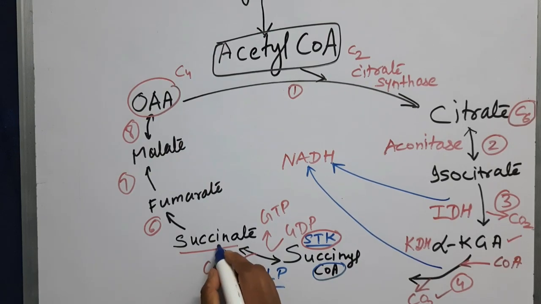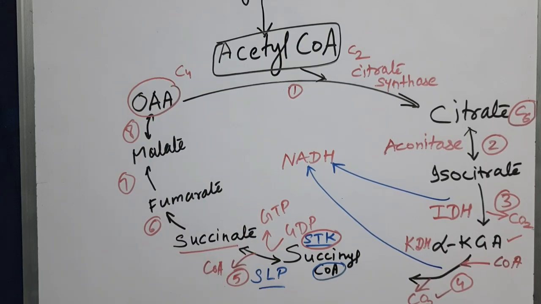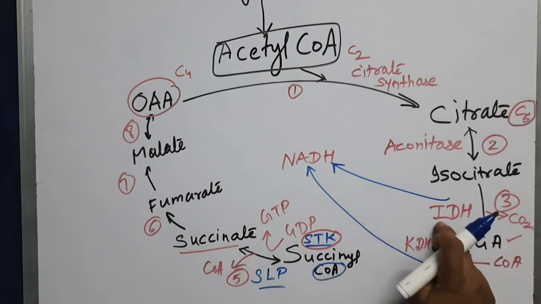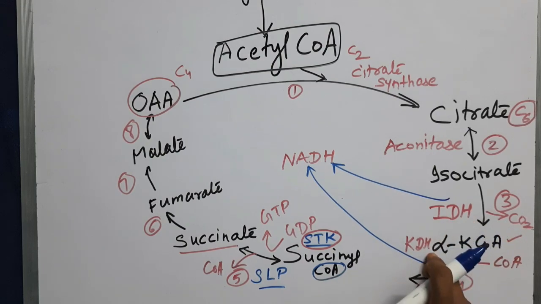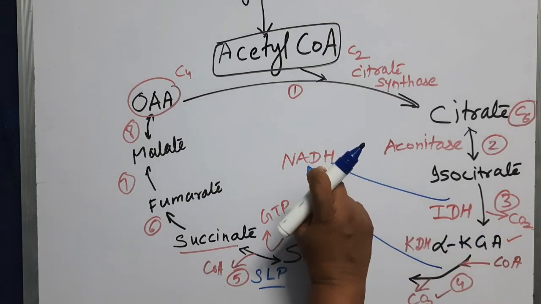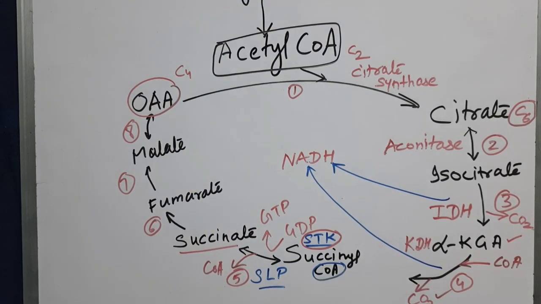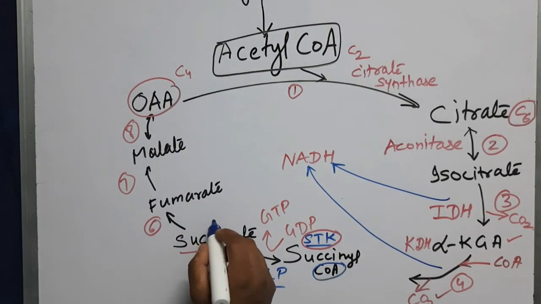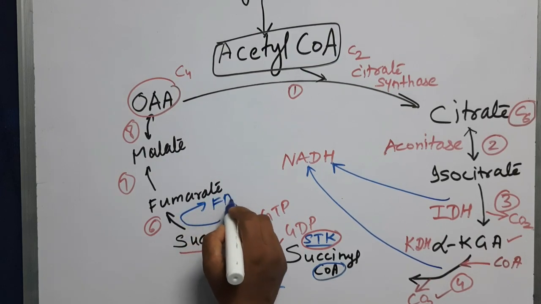Then succinate, when converted to fumarate, again there is a dehydrogenation reaction. In the dehydrogenase reactions, isocitrate dehydrogenase and alpha ketoglutarate dehydrogenase, we have seen production of NADH. But succinate to fumarate, this is also dehydrogenation, but here we will not get NADH; instead we will get FADH2.